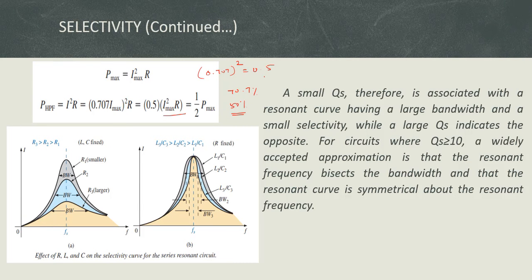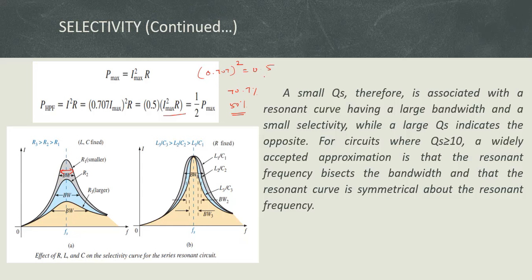Okay, and from this figure, a small quality factor is associated with the resonant curve having a large bandwidth and small selectivity. Here, this range indicates the selectivity.